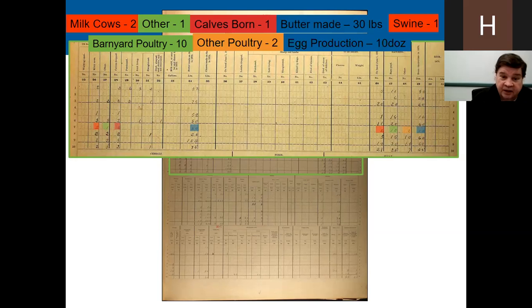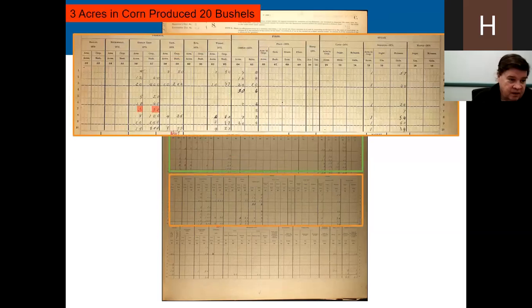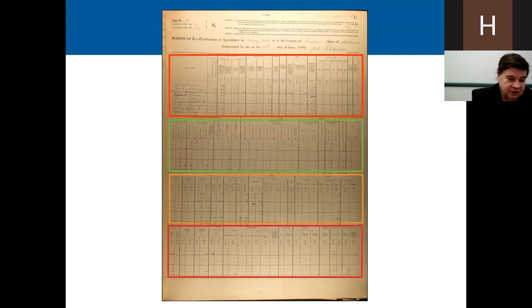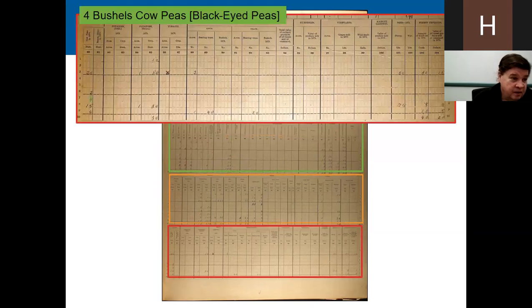Egg production, they got 10 dozen eggs over the course of the year. And as we continue, it's got 3 acres in corn, and it produced 20 bushels. Grew 2 bales of cotton. They made 7 gallons of molasses and 4 bushels of cowpeas. That'd be black-eyed peas.